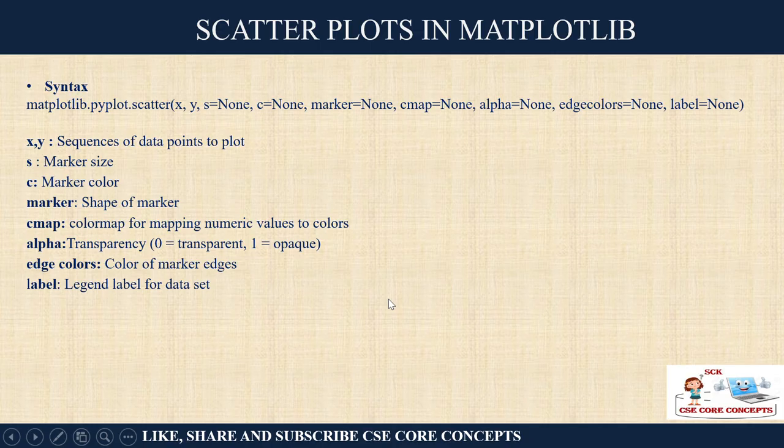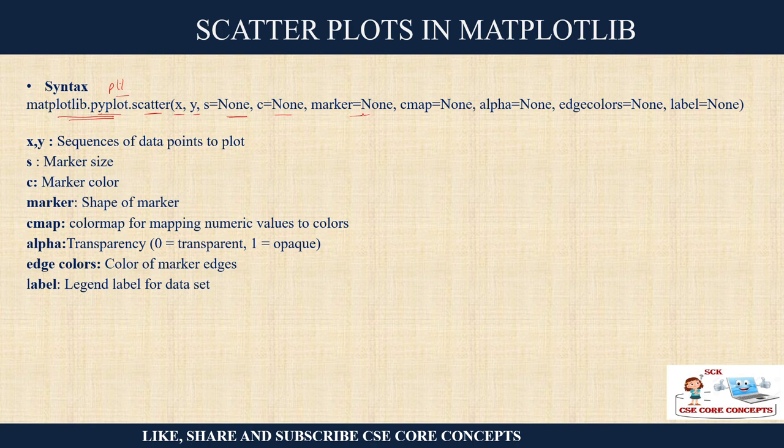Basically the syntax goes like this: matplotlib.pyplot. Since we have already defined the alias plt, we directly write plt.scatter. The first arguments are x and y, the sequence of data points to be plotted. s is the marker size, if you want to change it. Then the color of the marker.